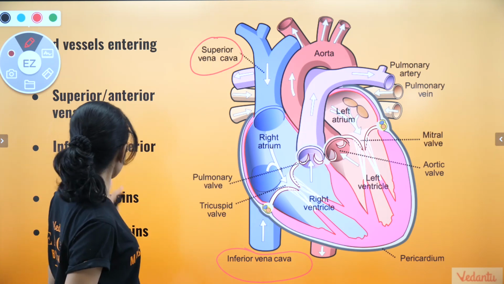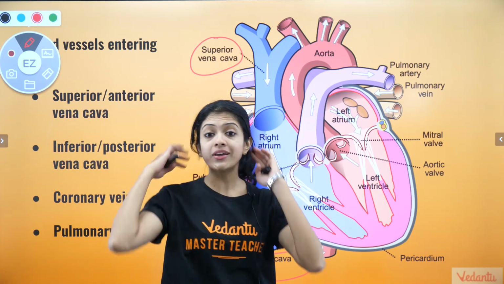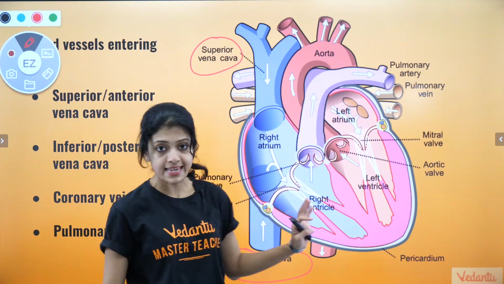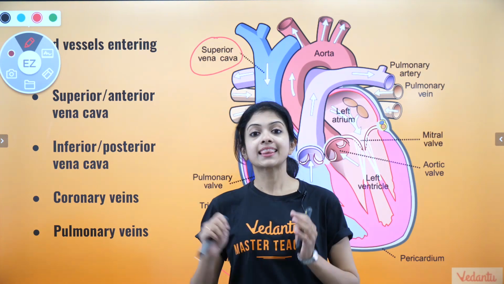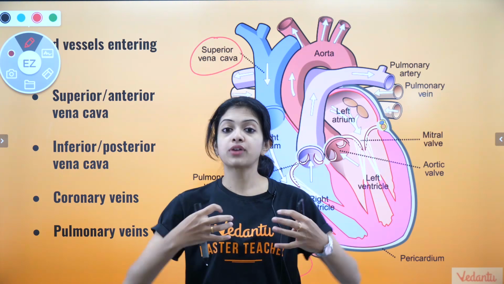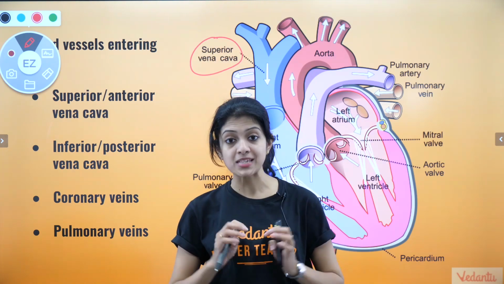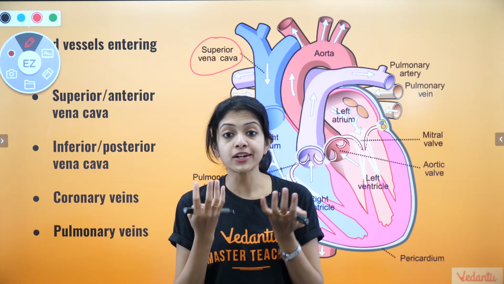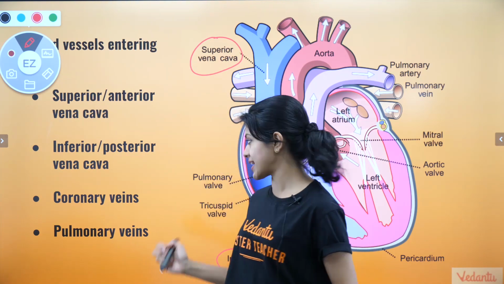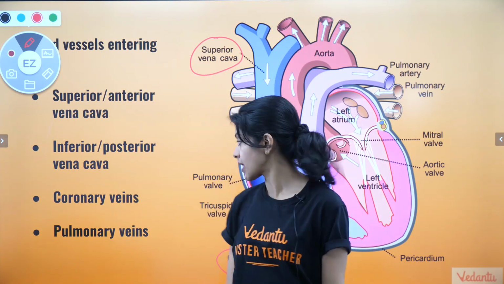Clear, children? The third one is coronary veins. Coronary veins, of course, in this view of the heart, you cannot see it, but just understand that the coronary veins carry deoxygenated blood from the muscles of the heart, muscles supporting the heart walls towards the heart. Okay, so from the heart walls is what coronary veins do.